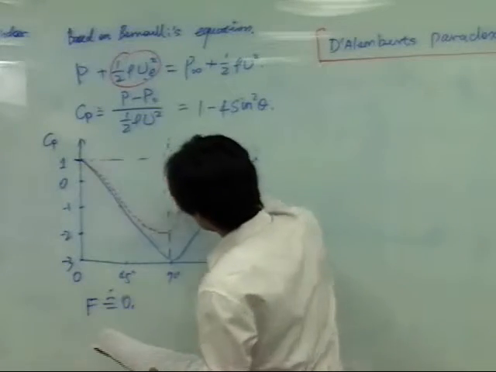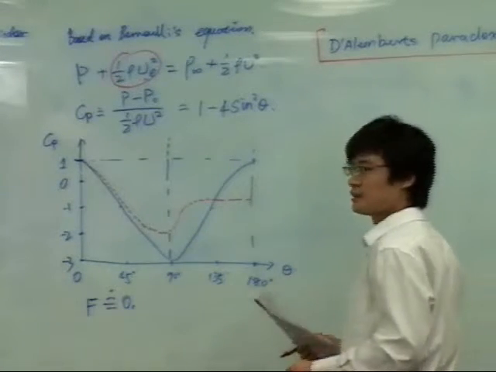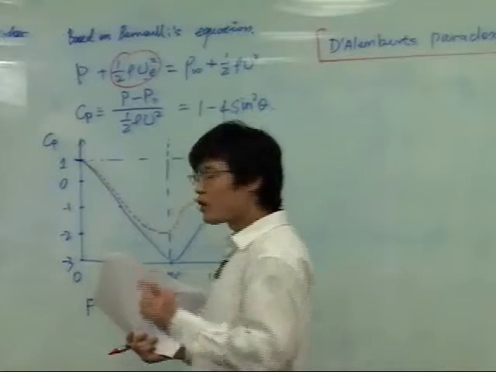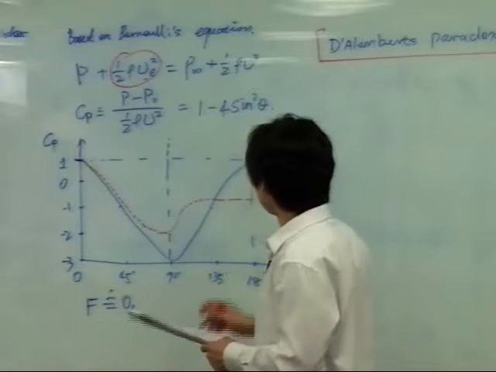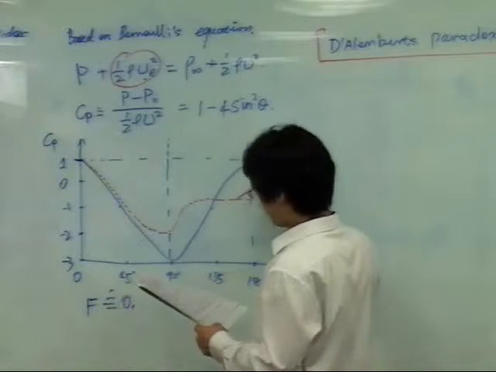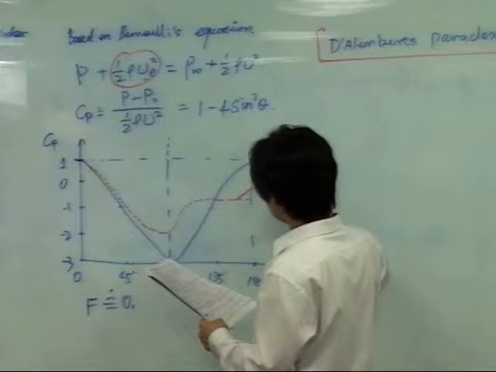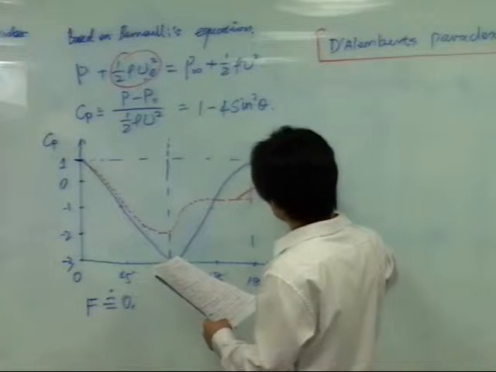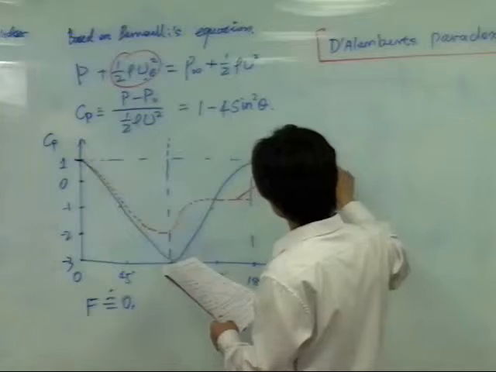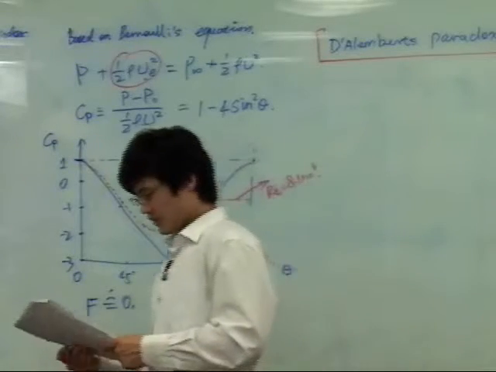So this asymmetry gives us some non-zero force. This is for Reynolds number equal to 8.1 times 10 to the 6th. This is from experiments.